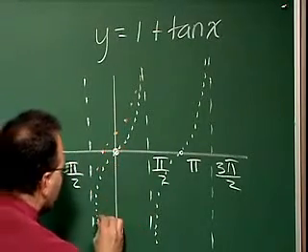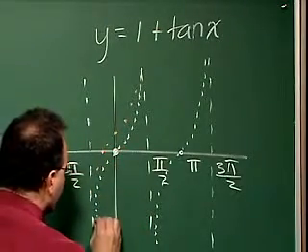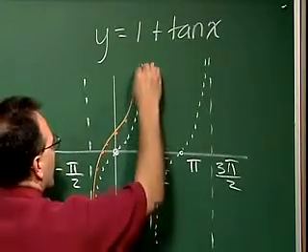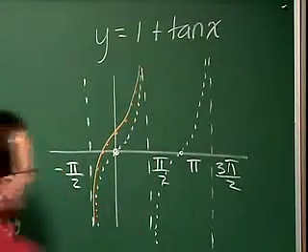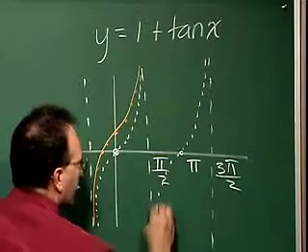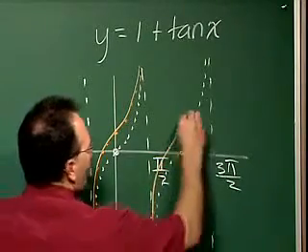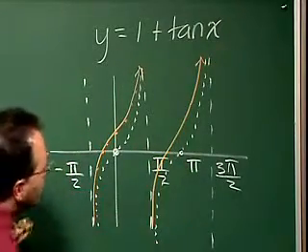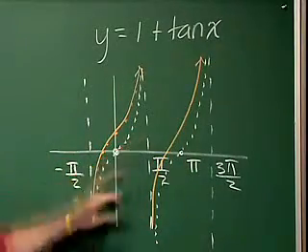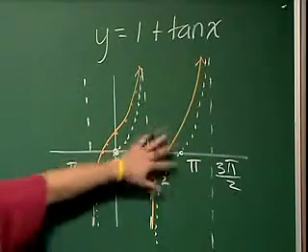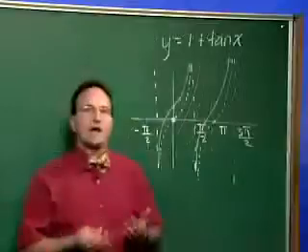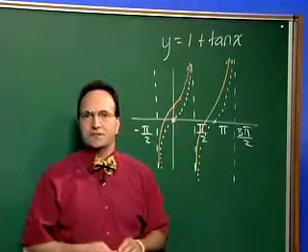So my curve looks like this. And over here, I'll just sketch it approximately looking like this. So you can see, compared to the dashed line, clearly it's been raised up 1 unit. Of course, as we get further and further up, it's not as clear or as easy to see.